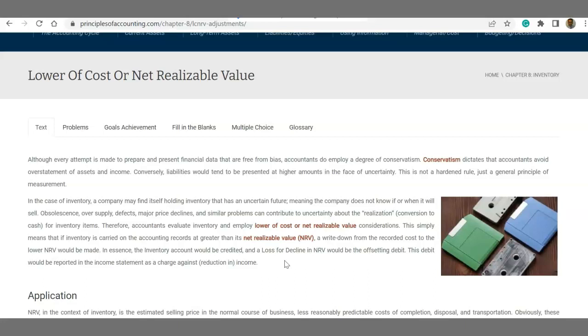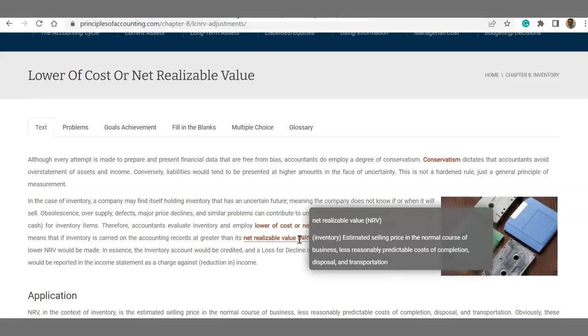So NRV, now it's very easy to calculate, which is estimating selling price in the normal course of business at that moment, end of the year, less reasonably predictable cost of completion, disposal, and transportation. And that will end up to be your net realizable value out of selling that t-shirt, which is $9 in my example.